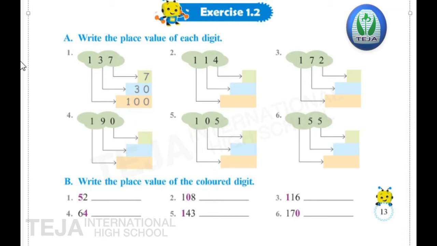As 1 is in hundreds place, the value of 1 is 100, 3 is 30 and 7 is 7. Okay, children. Now first we'll write the place values of the numbers.